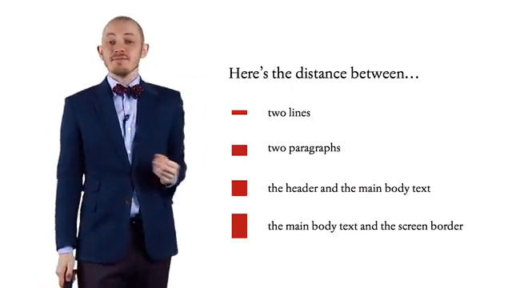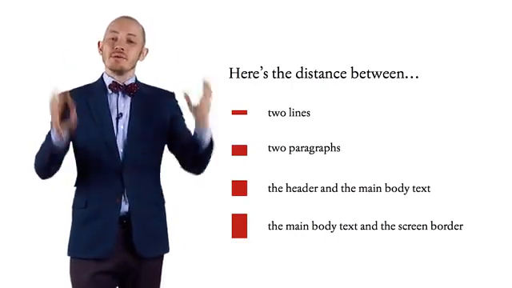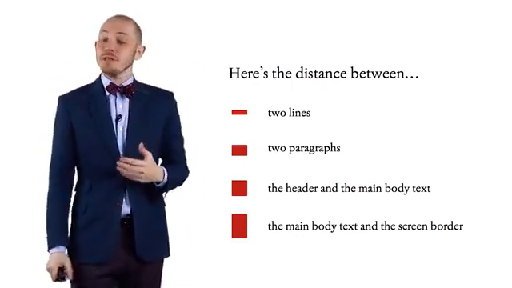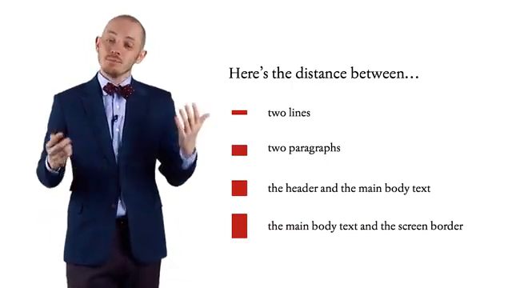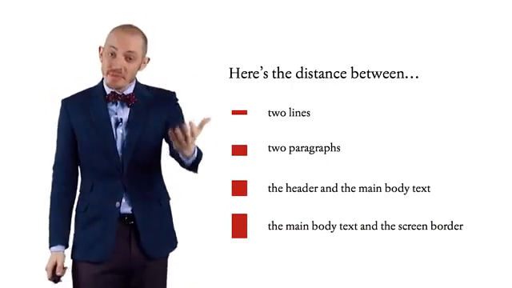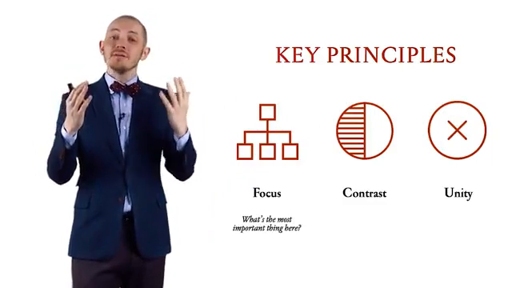And this is what visual hierarchy is all about. It's about increasing the amount of space between elements. This is how we communicate meaning. This is how we communicate importance of different things on a page. And this is how we apply our principle: Focus. We work with the tree first.